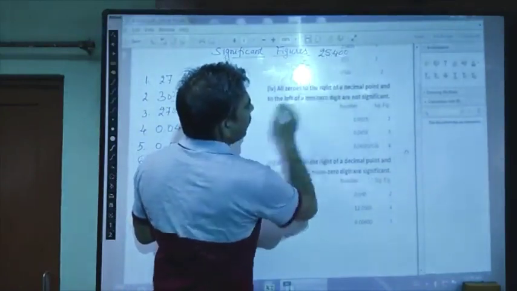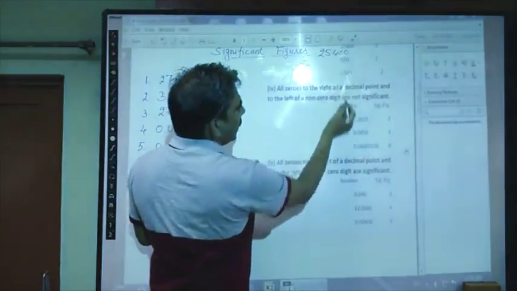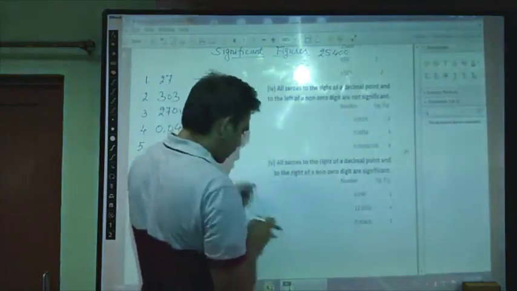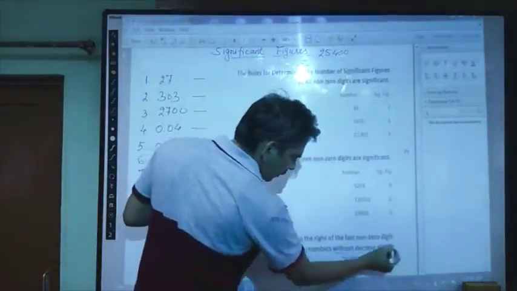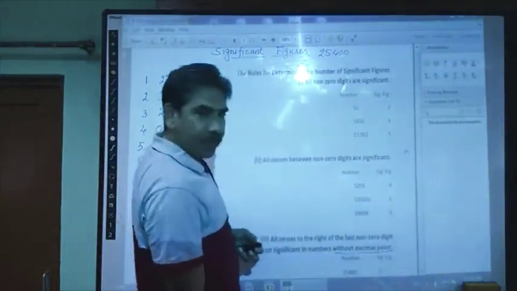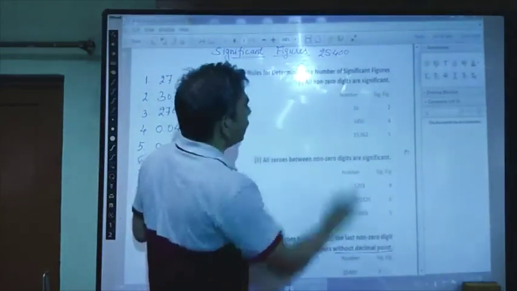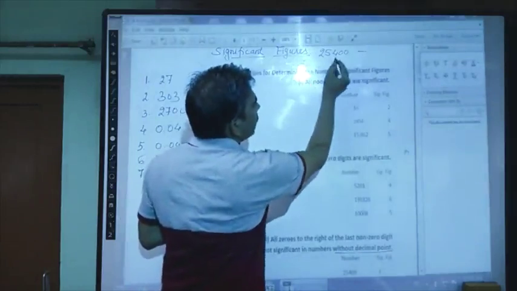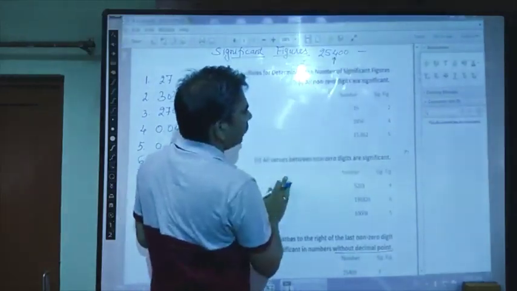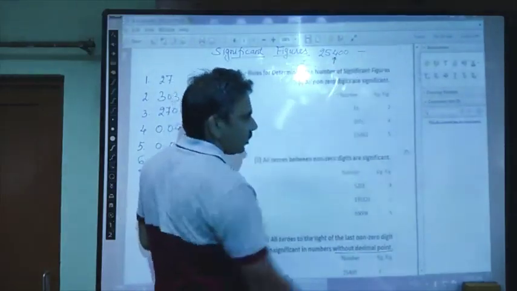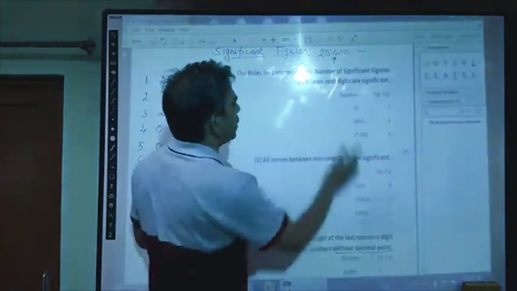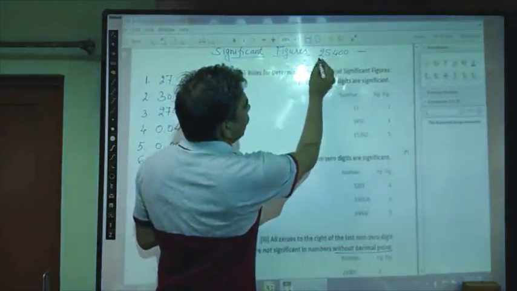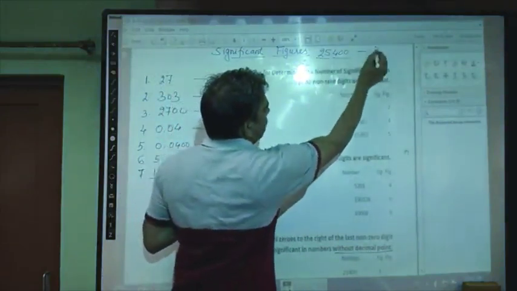This is not a decimal number, the first condition, without a decimal point. So there is no decimal here in this number, and this is the last non-zero digit. After that, all the zeros will be insignificant, meaning they are not significant figures. Therefore this number 25,400 has only 3 significant figures.